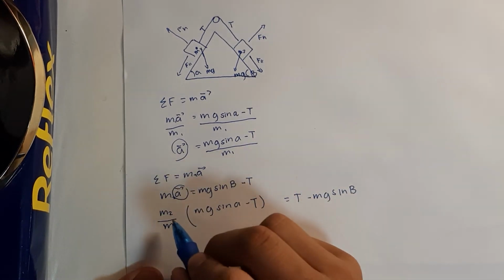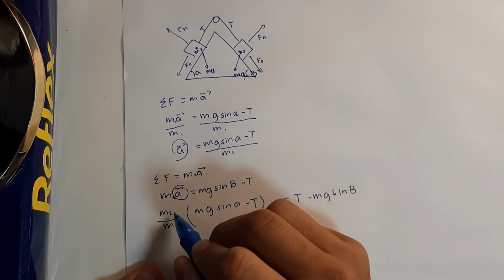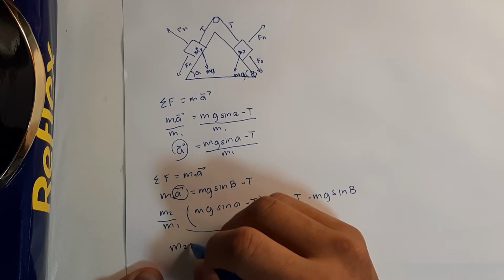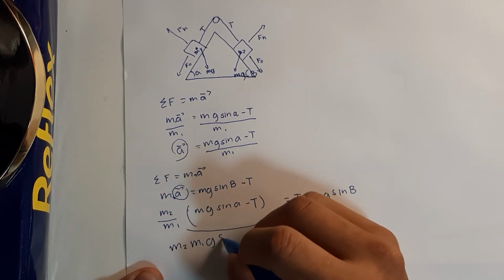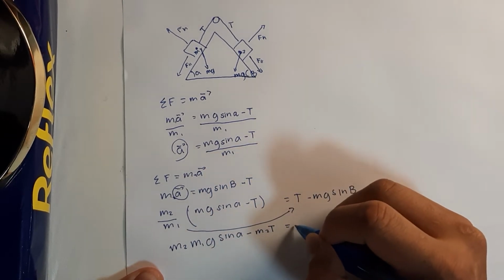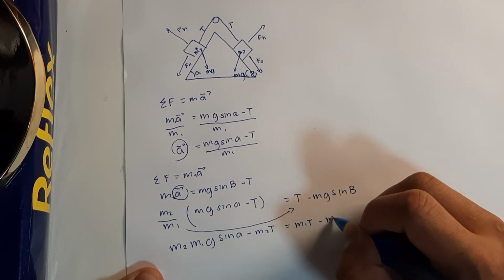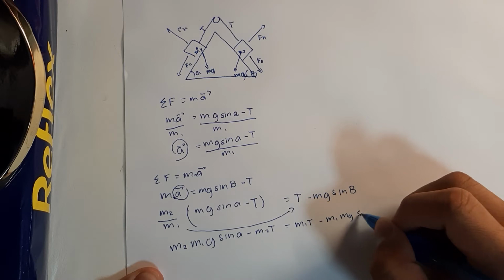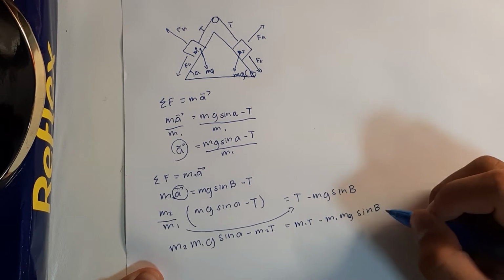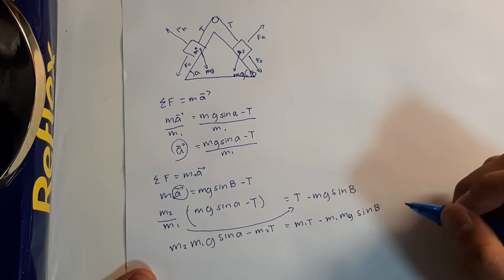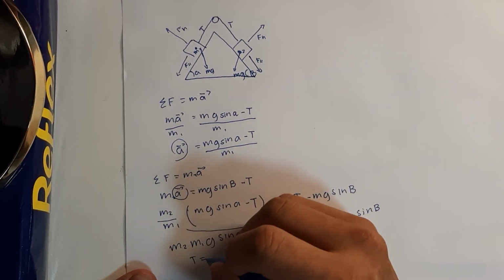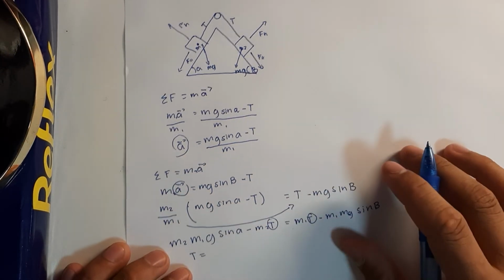Then just multiply this by m2 and this by m1. So we have m2 m1 g sine alpha minus m2 T equals m1 T minus m1 m2 g sine beta. Now we can get tension by itself. So T equals, wait, let me just put that up.